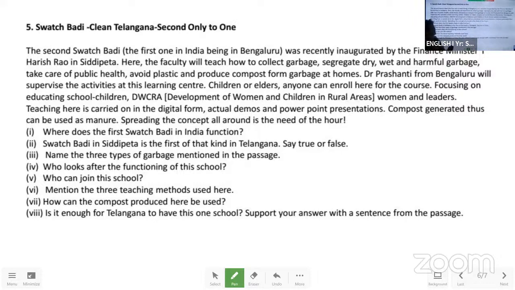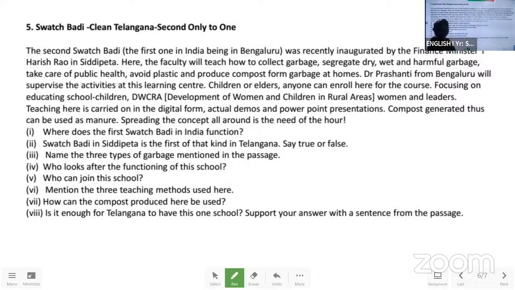So now coming back to the comprehension, this is the 5th one that we are going to do. Swachh Buddy, Clean Telangana, second only to 1. The second Swachh Buddy, the first one in India being in Bangalore, was recently inaugurated by the Finance Minister T. Harish Rao in Siddipeta.